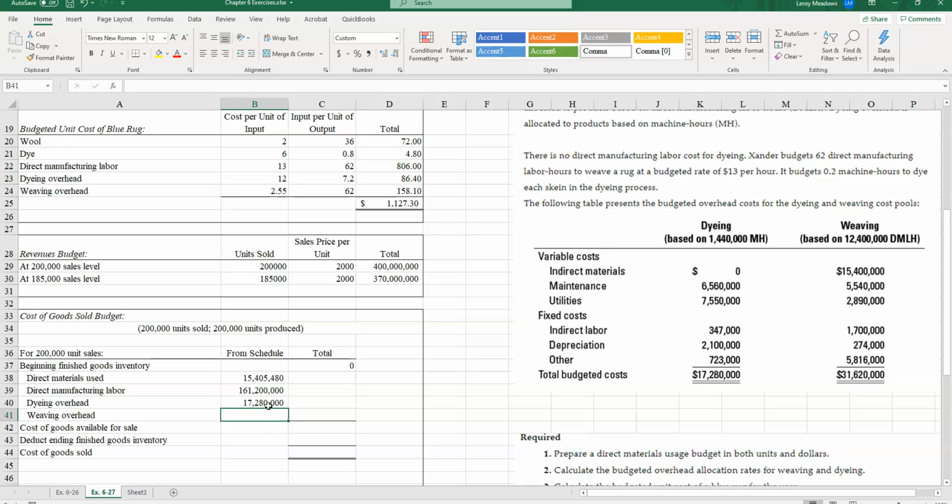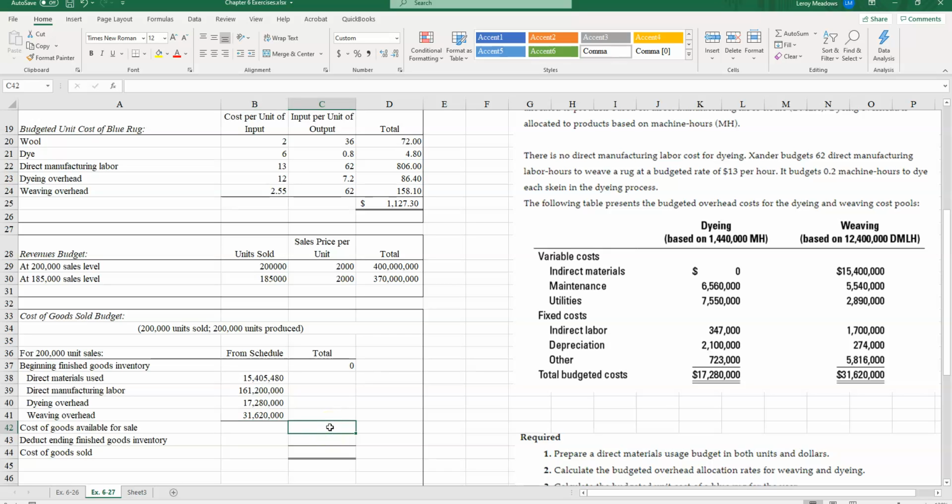And then I'm going to do the same thing with my weaving overhead. I'll take my cost of overhead from the weaving department of $158.10 per unit times the number of units I'm going to produce, which is 200,000. And I should get overhead from the weaving department of $31,620,000.